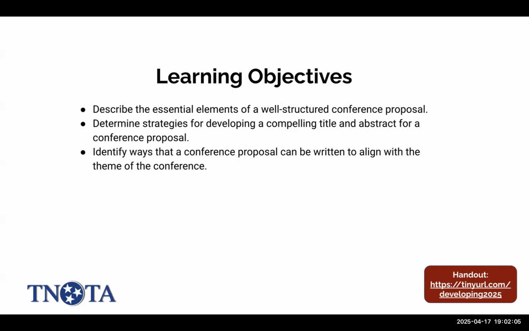But certainly for the TNOTA conference, we will talk about those elements, requirements, components, and then determine strategies for developing a compelling title and abstract and really all of the components. And then lastly, identify ways that a conference proposal can be written to align with the theme of the conference.